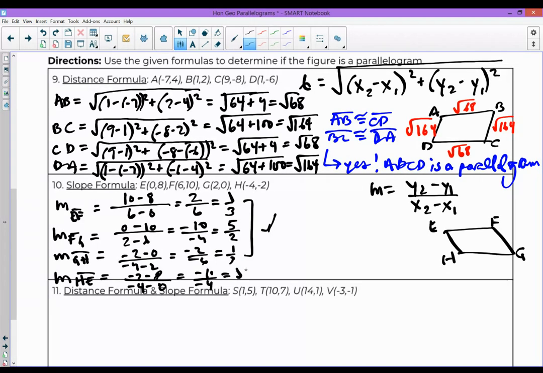We've seen that before. That's my second pair of parallel lines. So, hooray! Segment EF is parallel to segment GH, and segment FG is parallel to segment HE.